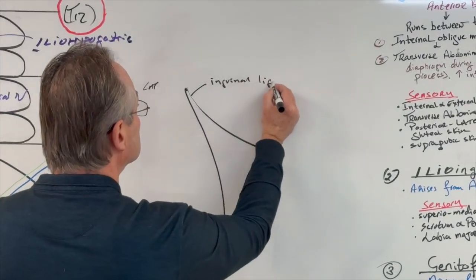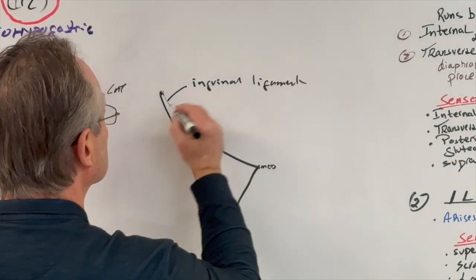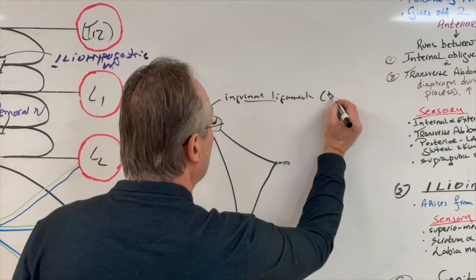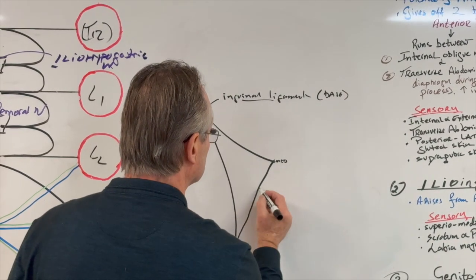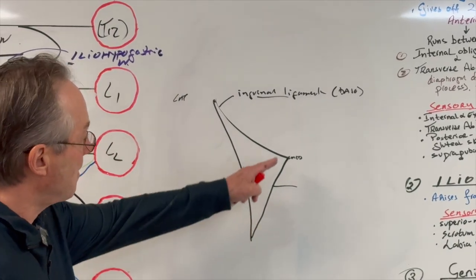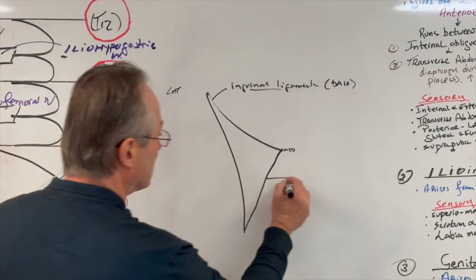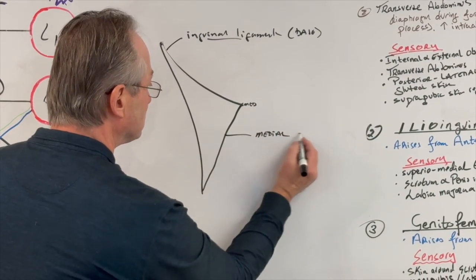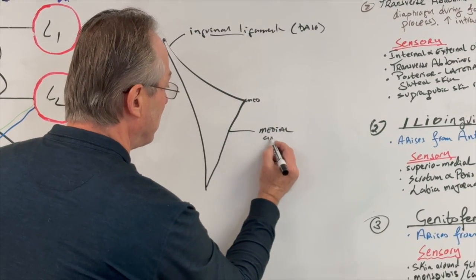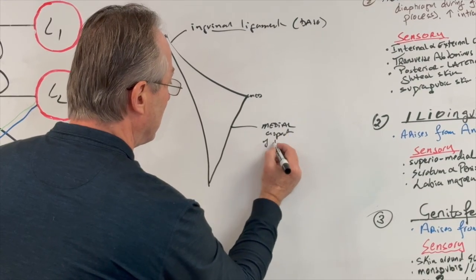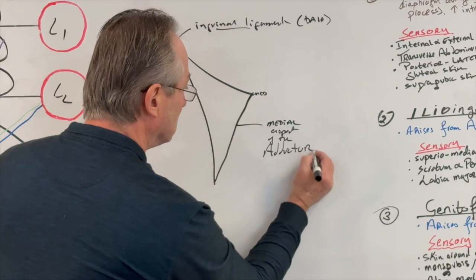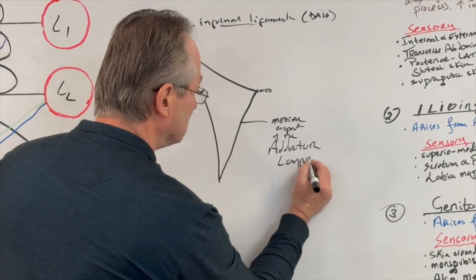inguinal ligament. Okay? Your inguinal ligament, called the base. Your medial border is the medial aspect of the adductor longus.